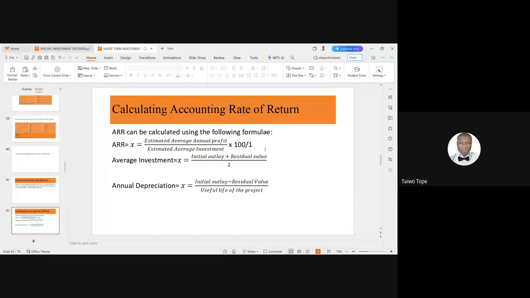Accounting rate of return can be calculated using the following formulas. To get it, you need to determine your estimated average annual profit in a question.